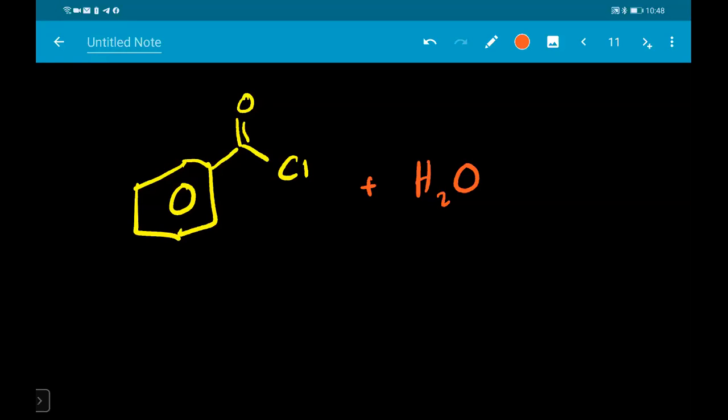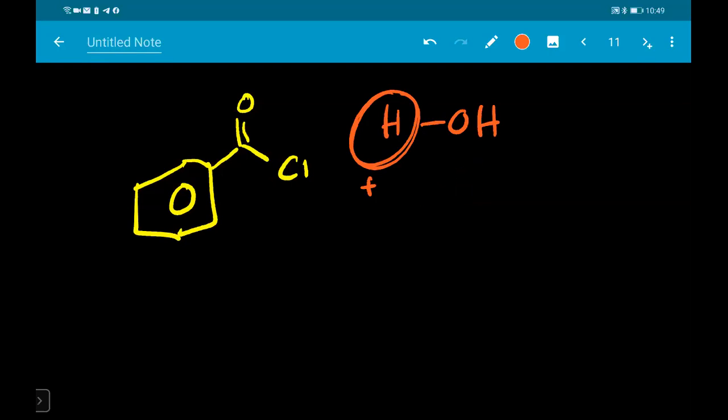Okay, one is the carboxylic acid derivative, the other one is the non-carboxylic acid derivative. The H here can be written as HOH. The step from earlier: what you need to do first is identify the A and B and also the A prime and B prime.